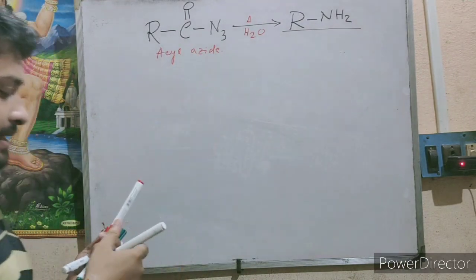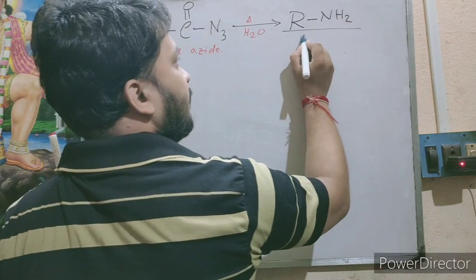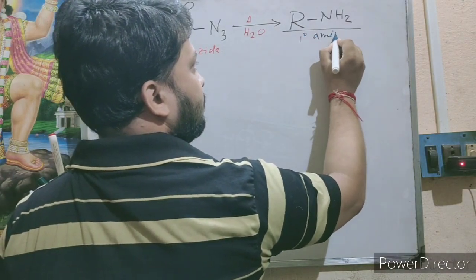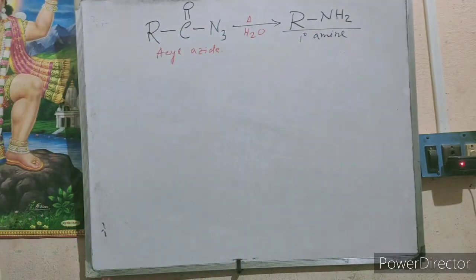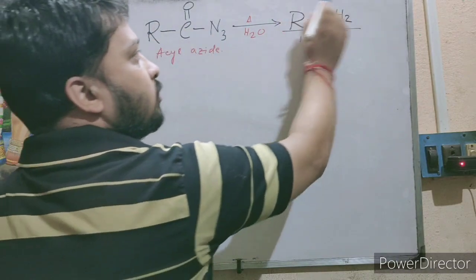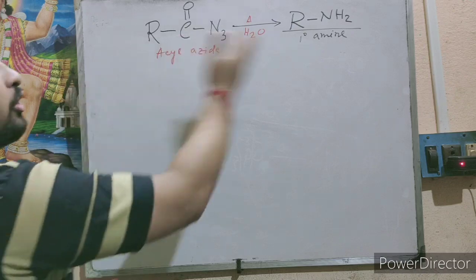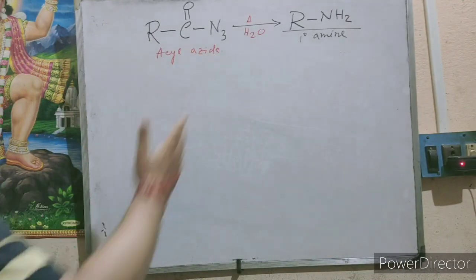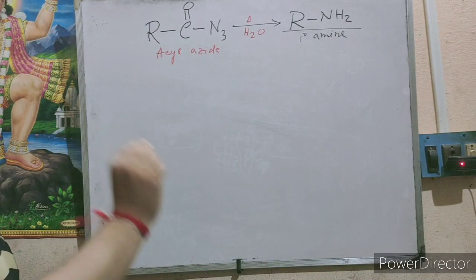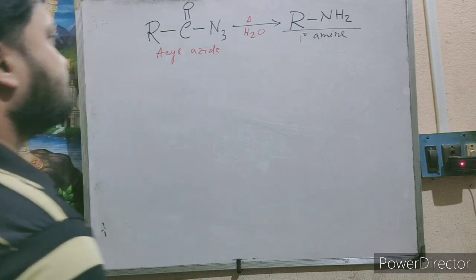From acyl azide, if you want to prepare 1 degree amine, the name of this important beautiful reaction is Curtius reaction.